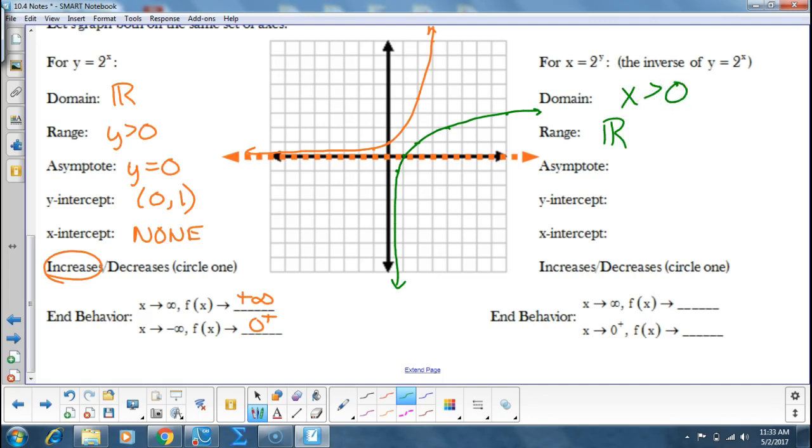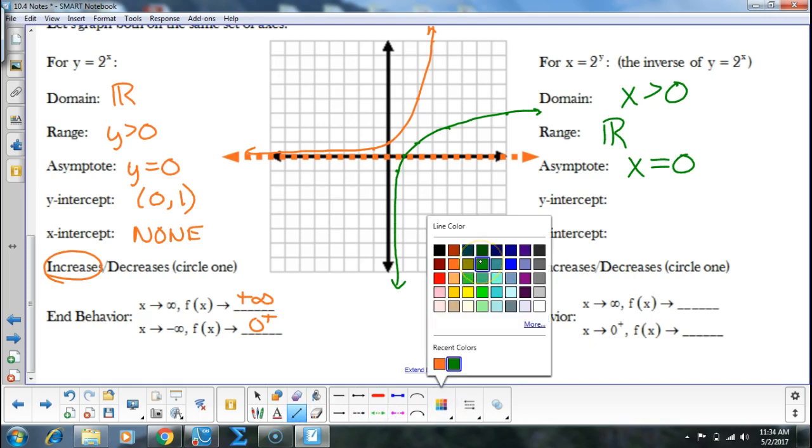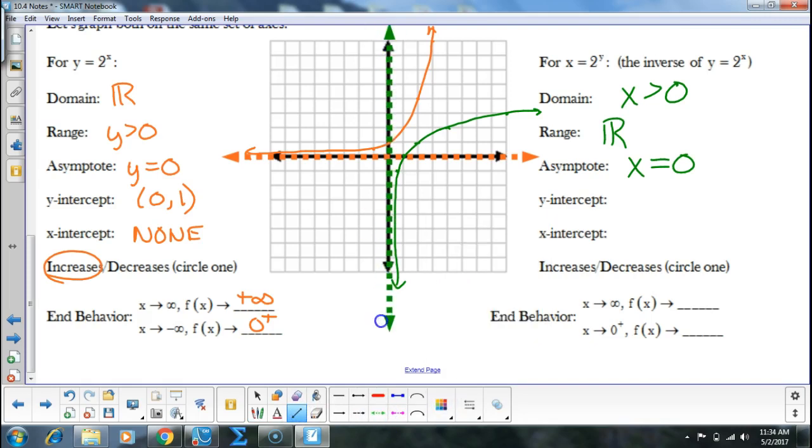Okay? My orange asymptote was y equals 0. What's my green asymptote? X equals 0. My y-intercept was 0, 1.